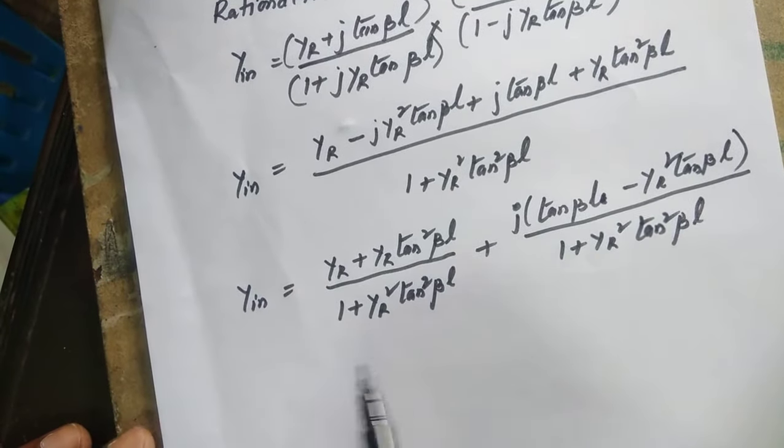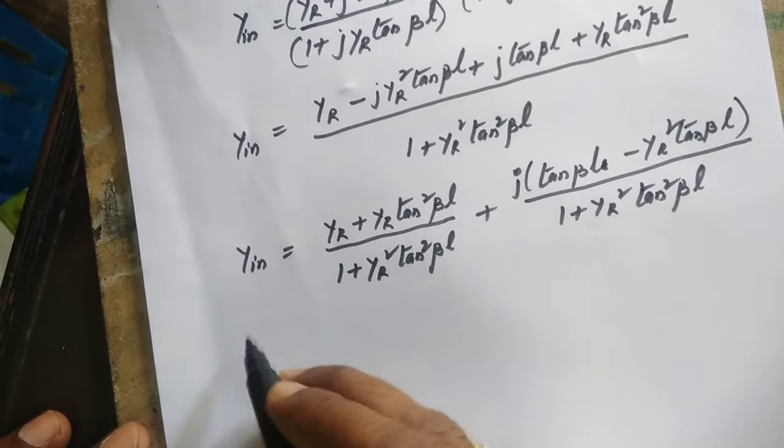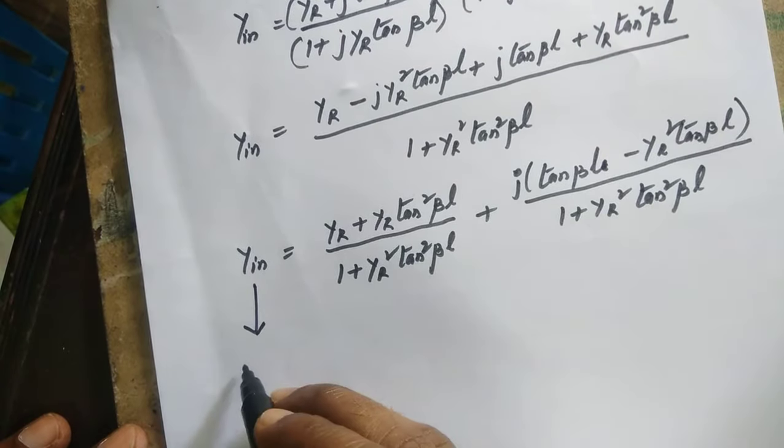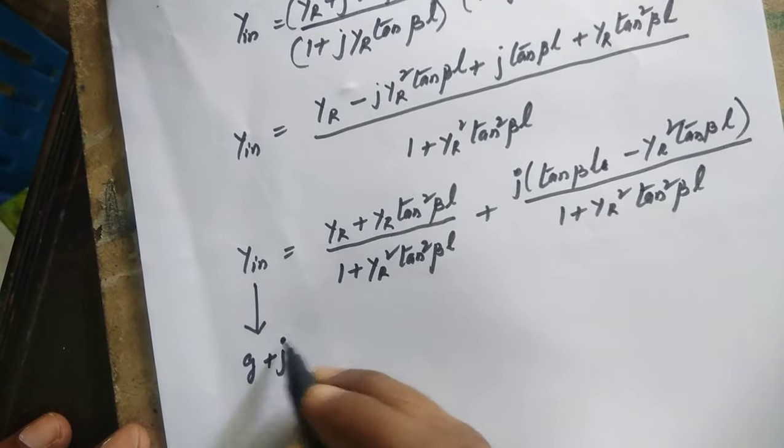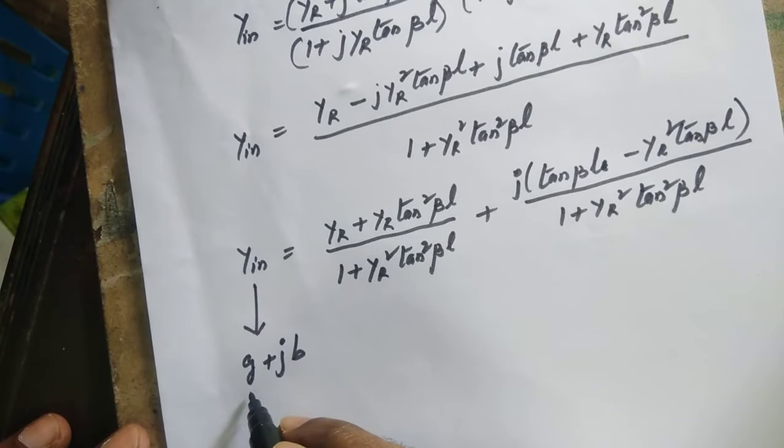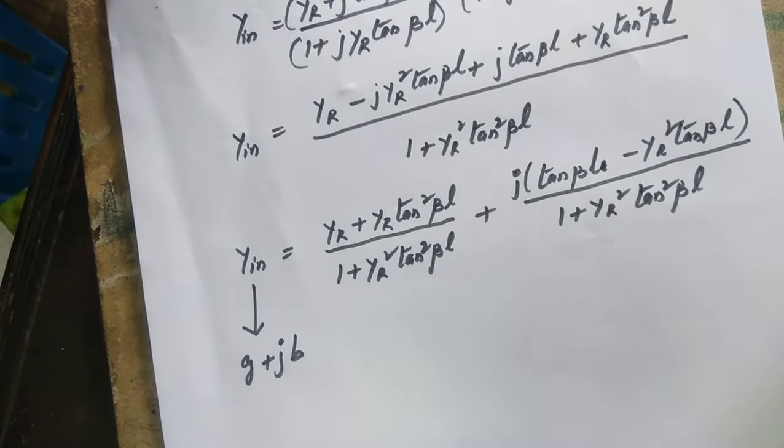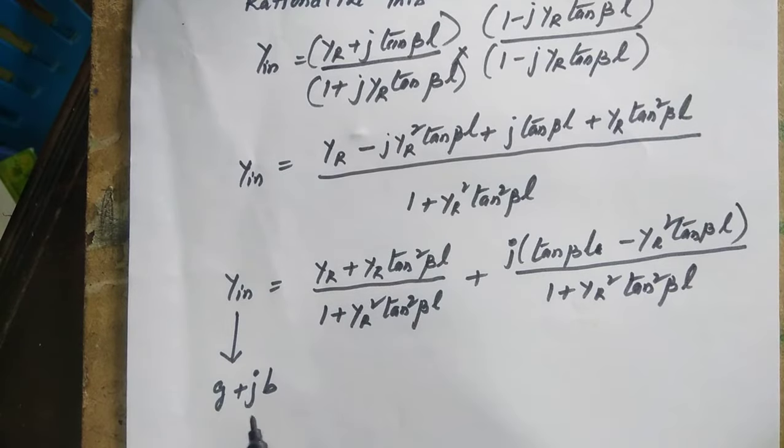Now the admittance is nothing but G plus jB, where G is the conductance and B is the susceptance.